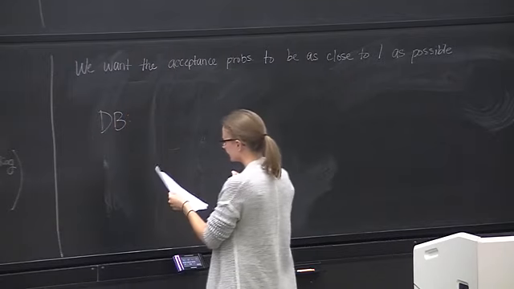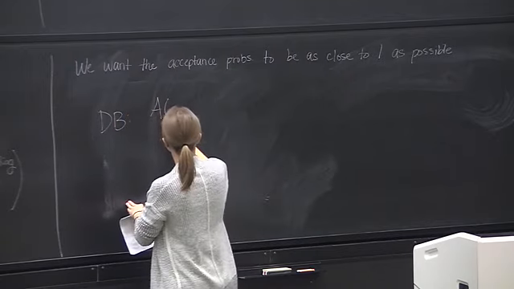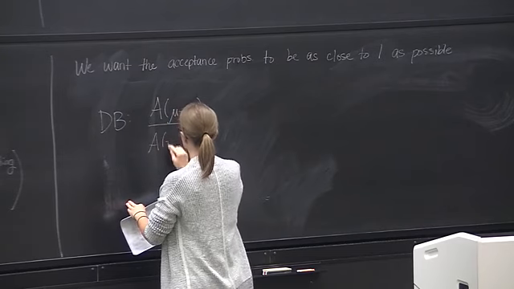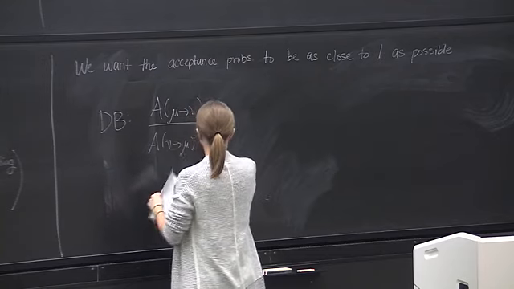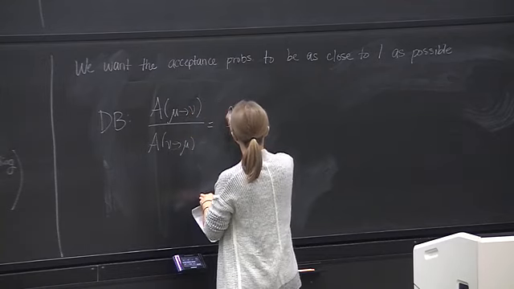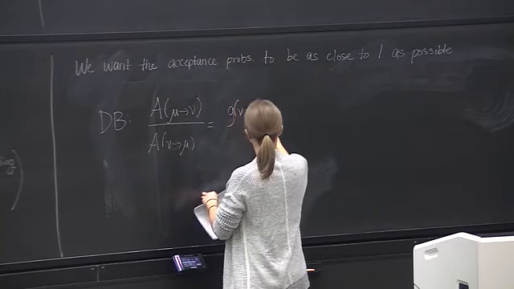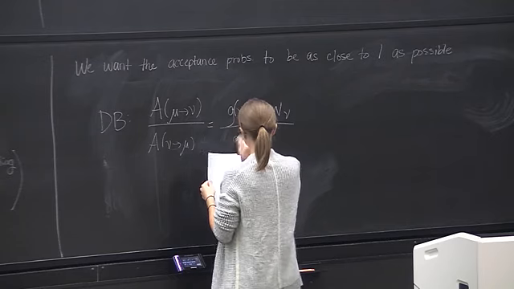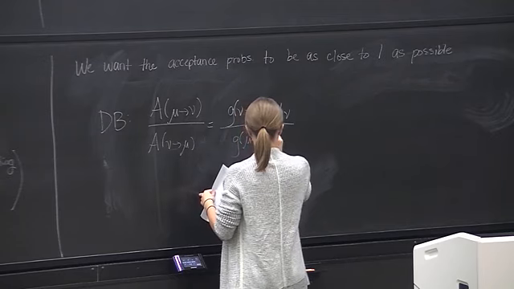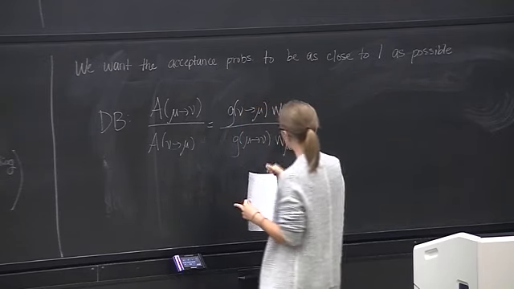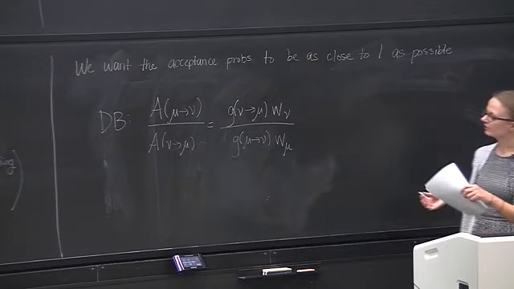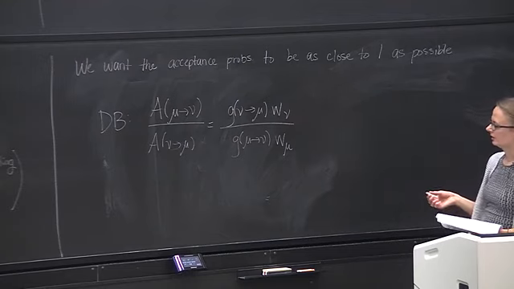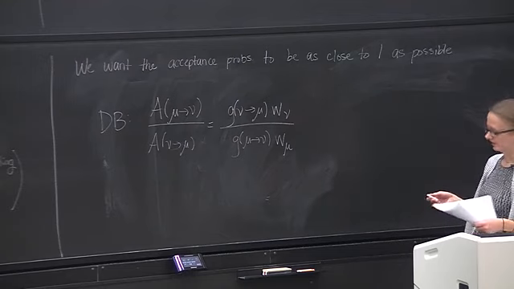And just to write it explicitly, from detailed balance, this is what we have to have. All I've done is solve for my acceptance probability.